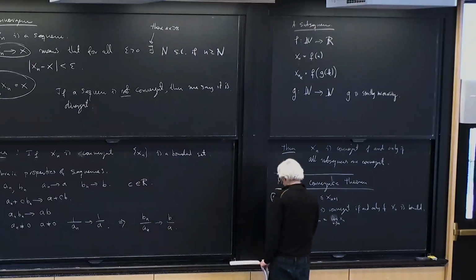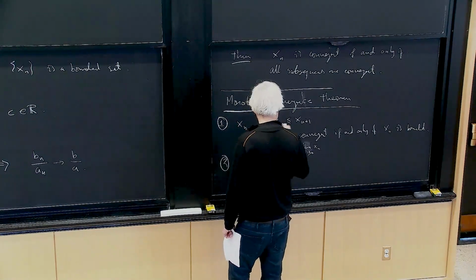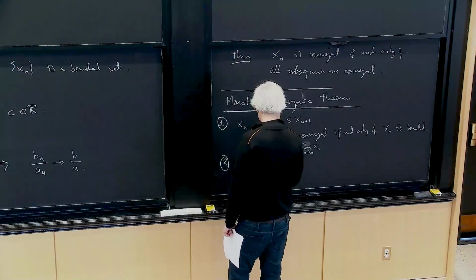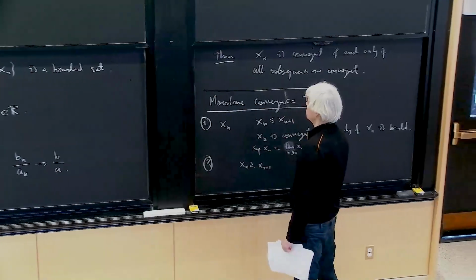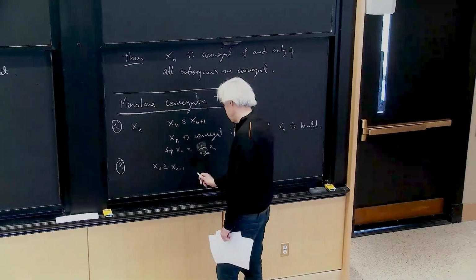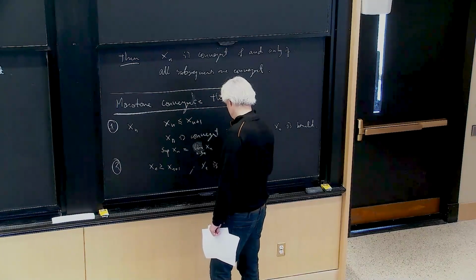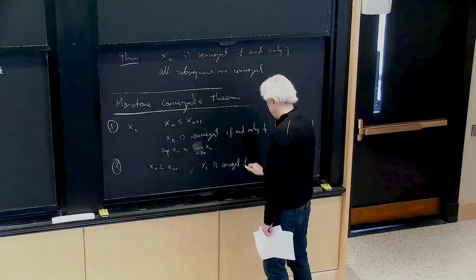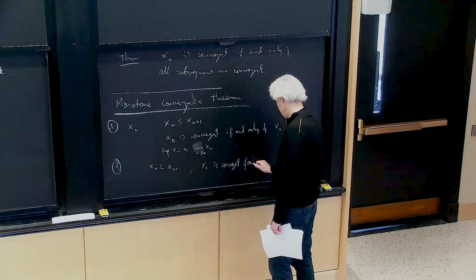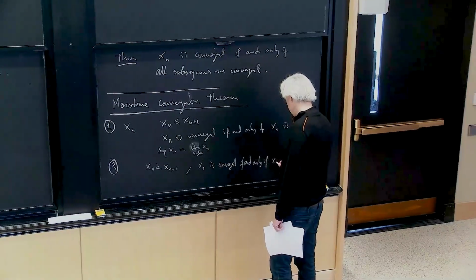And the second version of this is if you have a monotone sequence that, instead of being increasing, is now decreasing. So the next element is smaller or equal to the previous element. And then similarly, the sequence x_n is convergent if and only if x_n is bounded from below.